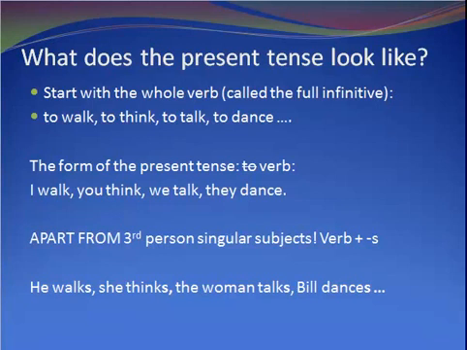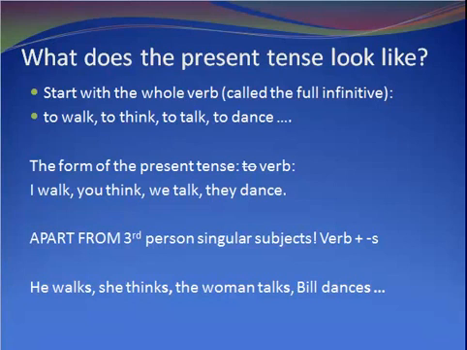Now there's one exception, and that's when the subject, the person who's doing it or who is in a particular situation, is a third person singular subject. So in terms of pronouns, that's he, she, or it, or any other thing that's not first person I or second person you.